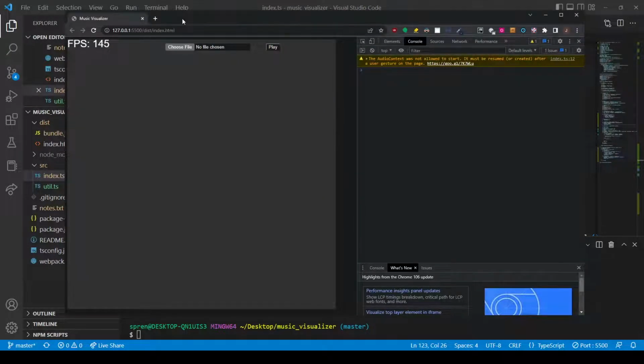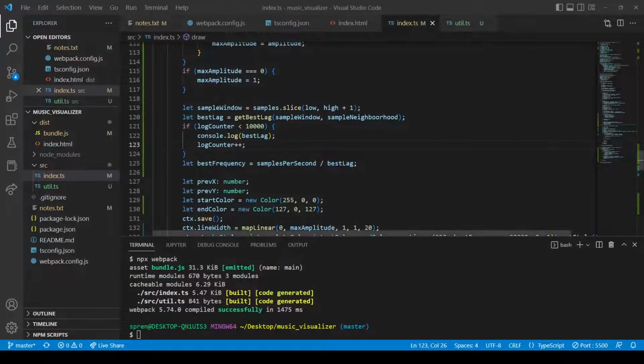And see, are we getting approximately reasonable numbers? No, we are not. We are getting a bunch of 2s, which explains why we're not getting much variation. Maybe it's a simple bug.